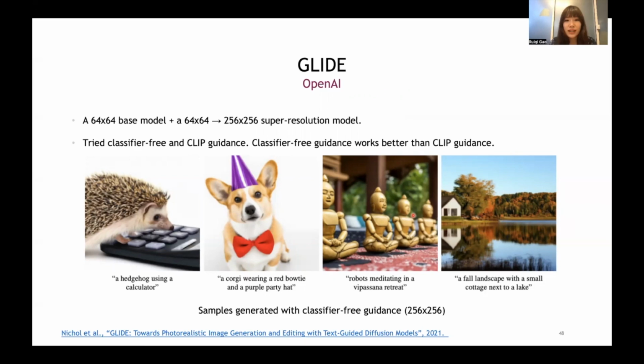They generally found that classifier-free guidance works better than the CLIP guidance. And those figures show the generated samples from this model. As we can see, the model is capable of generating fun, novel compositions of concepts that have never been seen in the data set. For example, a hedgehog using a calculator and robots meditating in a Vipassana retreat, etc.